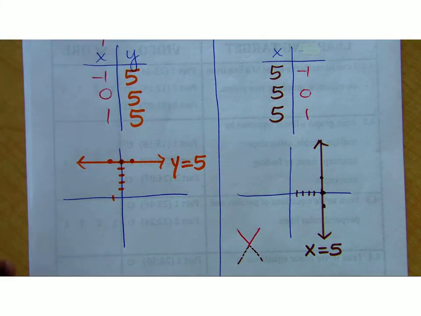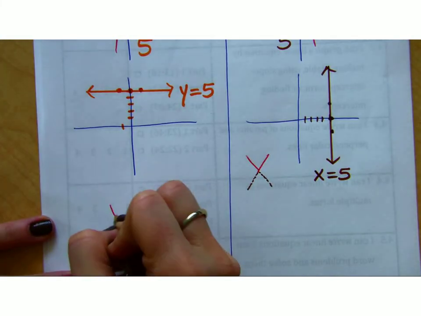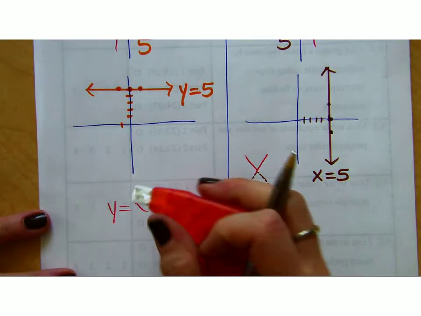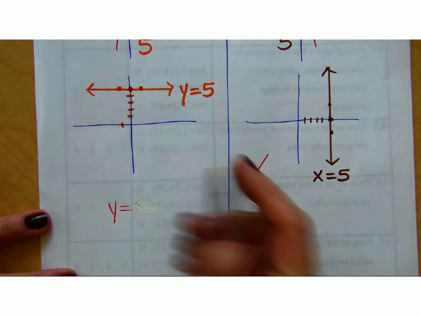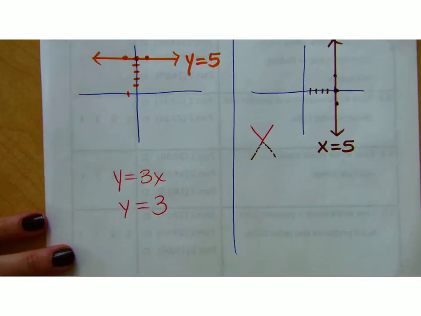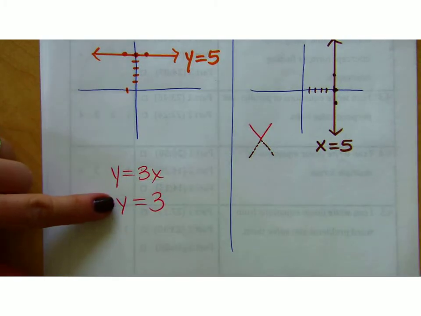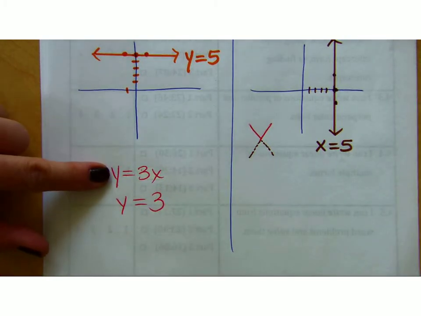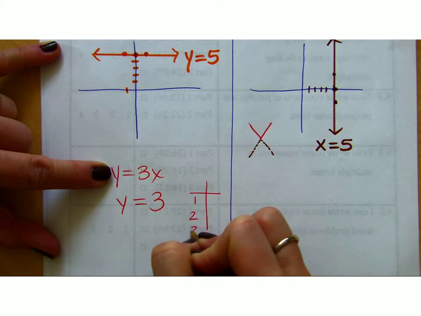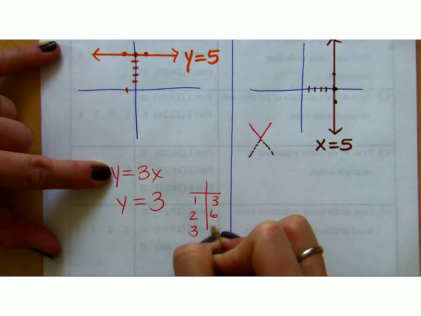So I want you to make sure you understand the difference between like y equals 3x, say, and y equals 3. Which one's horizontal? That one. Y equals 3x means that all of my y values are going to be the x values times 3.